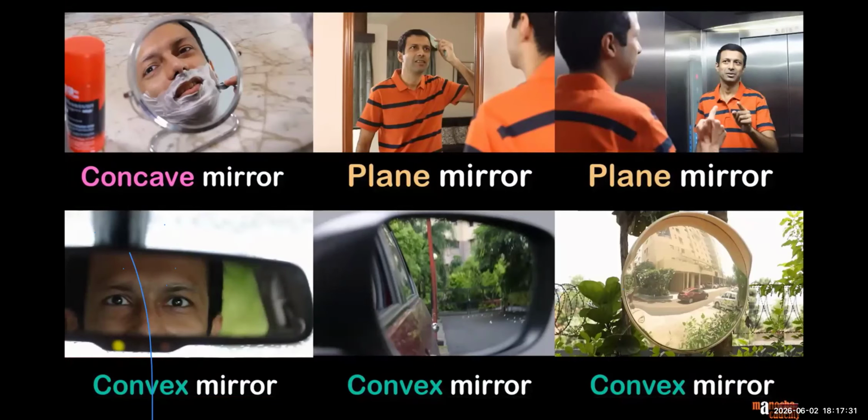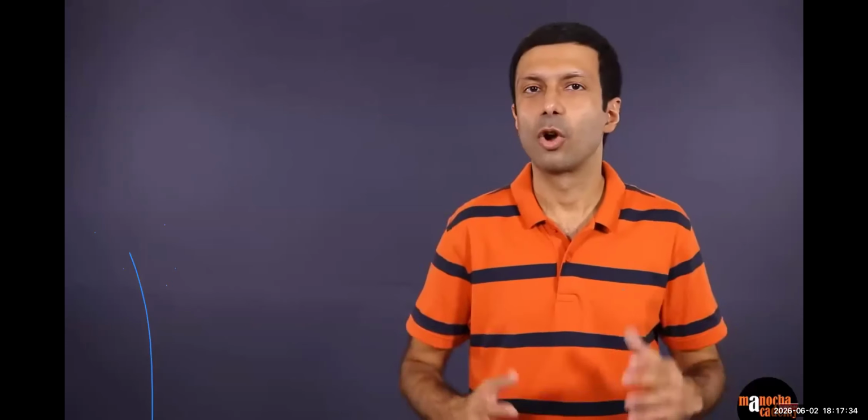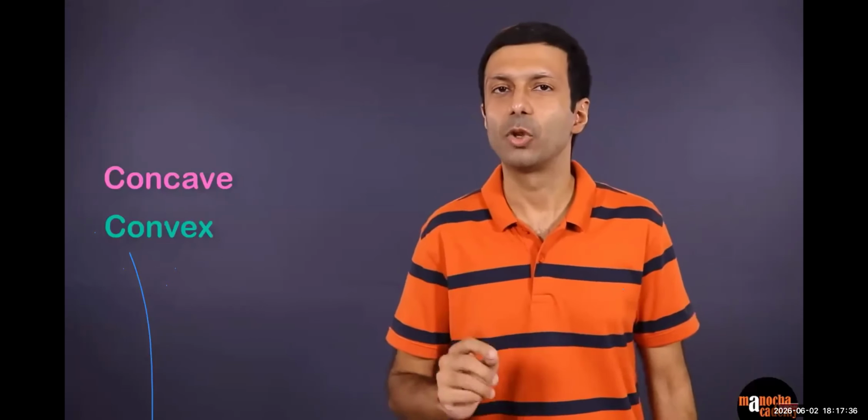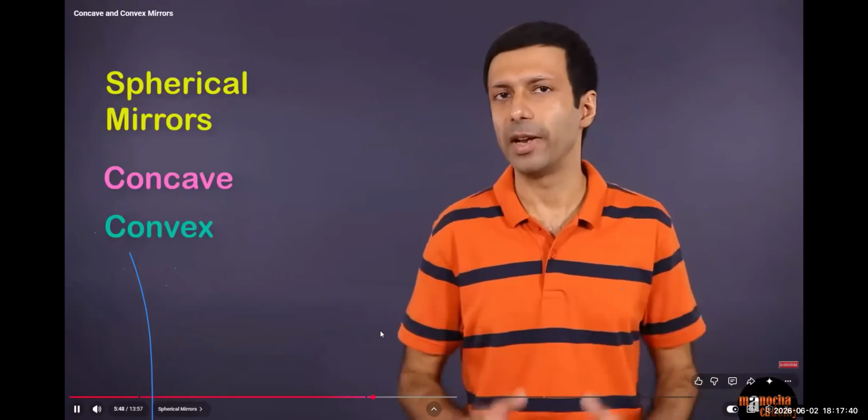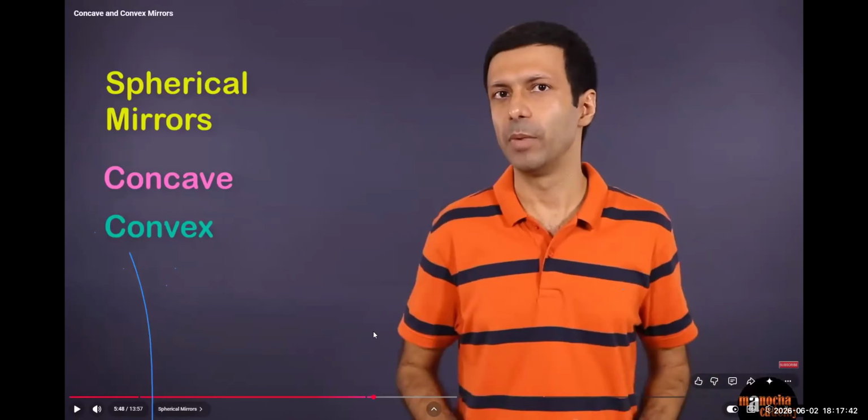Plain, concave and convex mirrors. Concave and convex mirrors are together called spherical mirrors. Now, do you know why they are called spherical mirrors? Important thing. Last time I wanted to explain this to you, but you didn't get what the meaning is. Why is it spherical? What is a sphere?